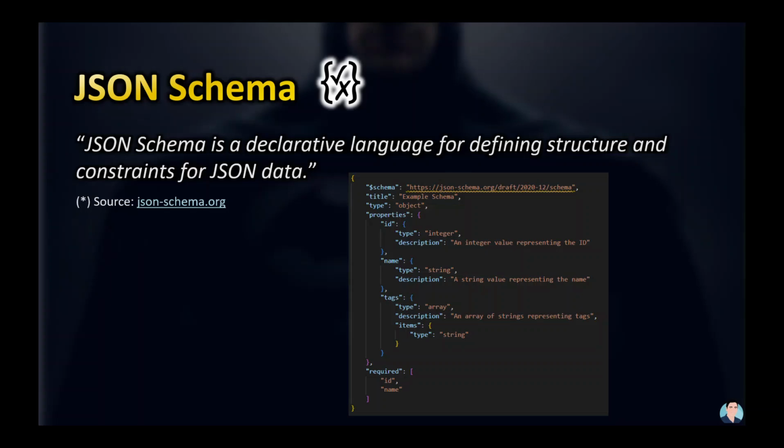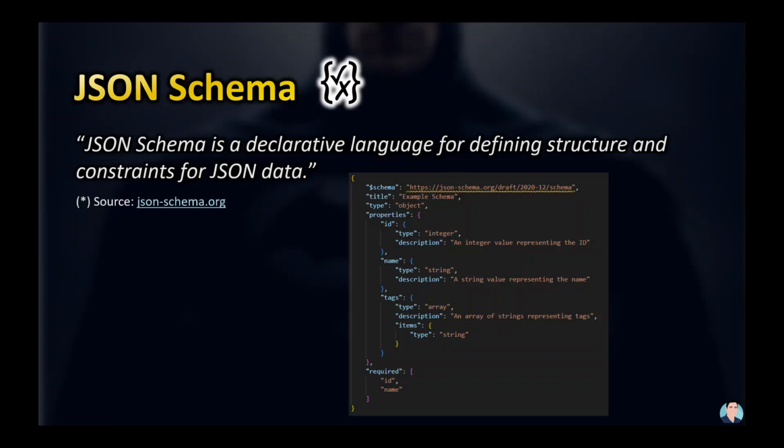According to the JSON Schema organization, JSON Schema is a declarative language for defining structure and constraints for JSON data. JSON Schema offers a formal blueprint for structuring JSON data used in APIs. This specification is crucial for validating the data exchange between servers and clients, ensuring it conforms to anticipated formats.